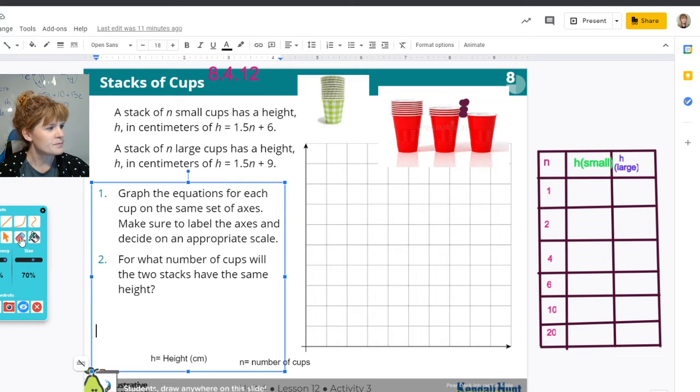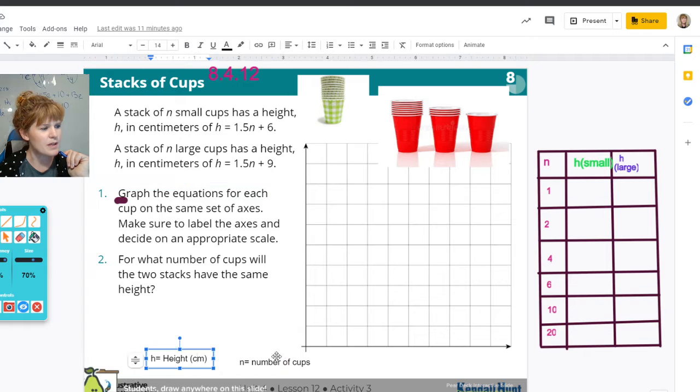Okay, erase that. Question number 1 says, graph the equations for each cup on the same set of axes. Make sure to label the axis and decide on appropriate scale. Okay, well, I'm pretty good at this, to be honest. So I already made some labels right down here.